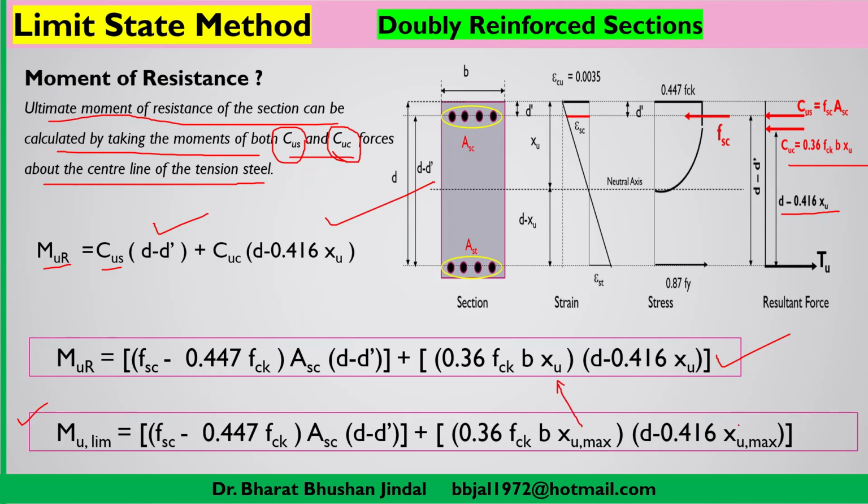You are now already aware that the MUR value should be less than MU limit for the safety of the section, following the guidelines of IS 456, which are mentioned in the earlier lecture.